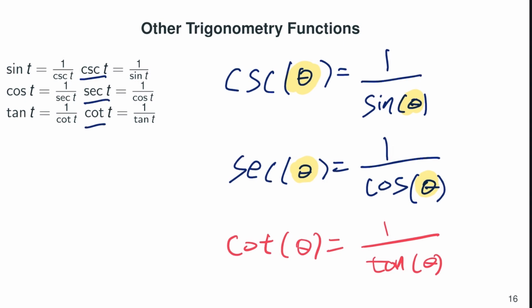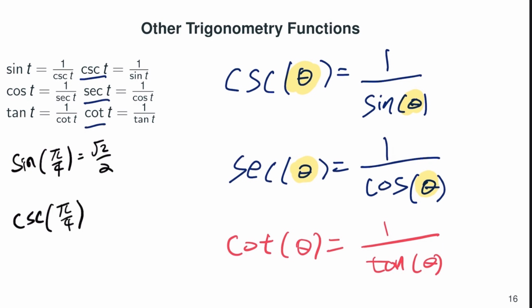For example, we know from the unit circle that sine of pi over 4 is square root of 2 over 2. Then we can find cosecant of pi over 4 as well, which is 1 over sine of pi over 4. We know this value is square root of 2 over 2.